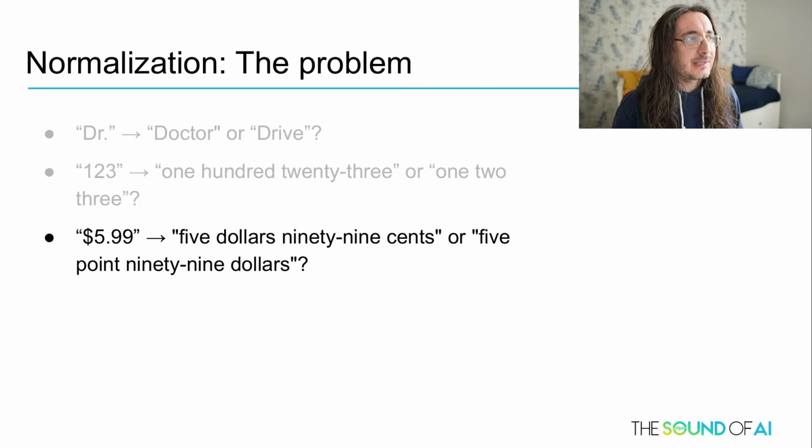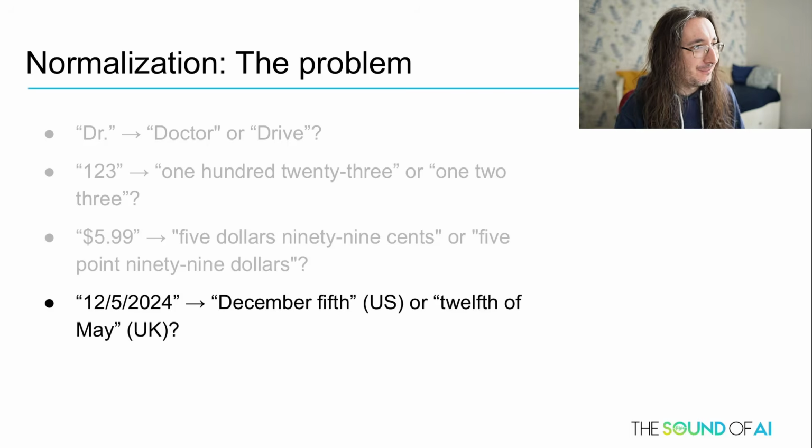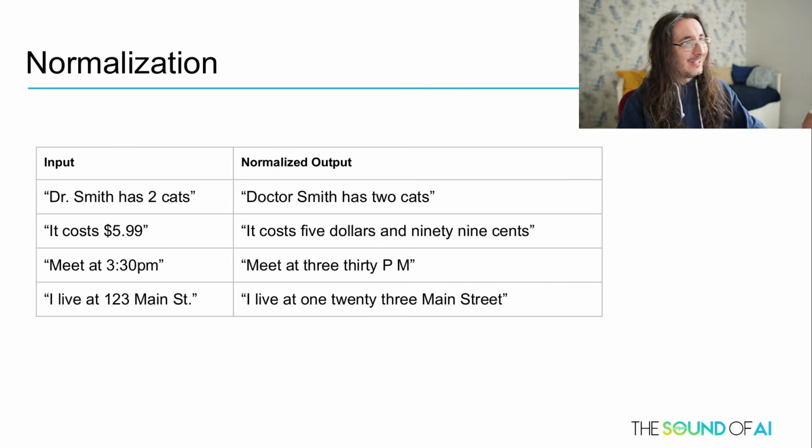We also have currency, which could be normalized as five dollars ninety-nine or five ninety-nine dollars, for example. Same thing with dates and formatting. If we interpret this date in US format, this would be December 5th, but if we use the UK interpretation, this would be the 12th of May. So here you see normalization and how it acts.